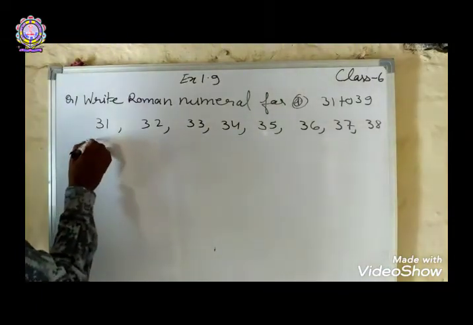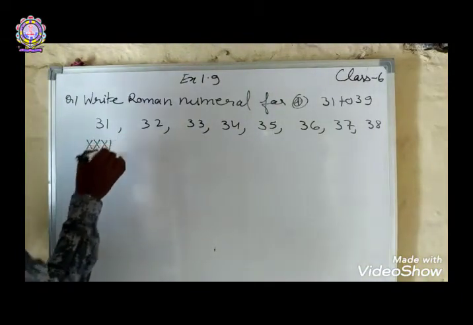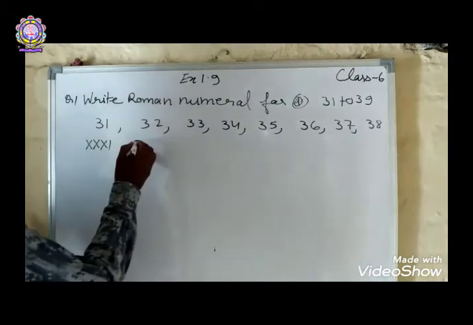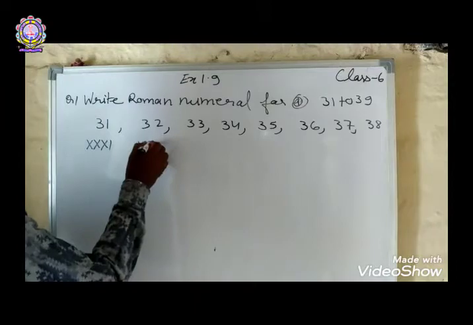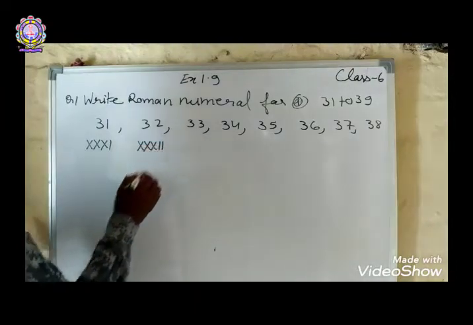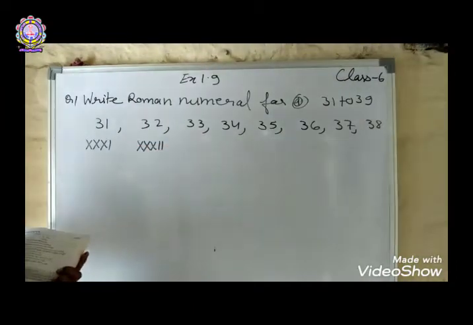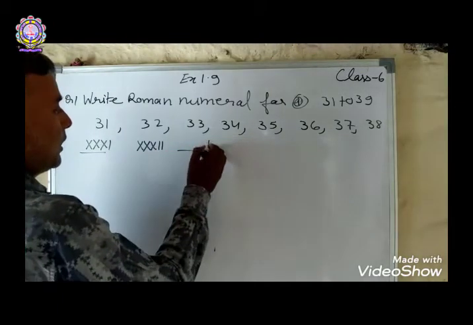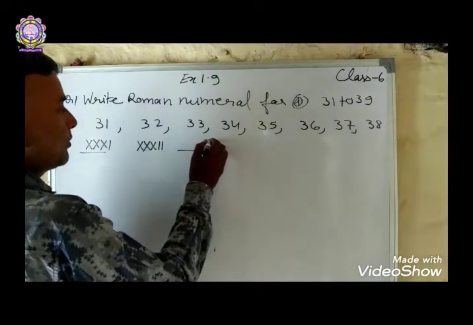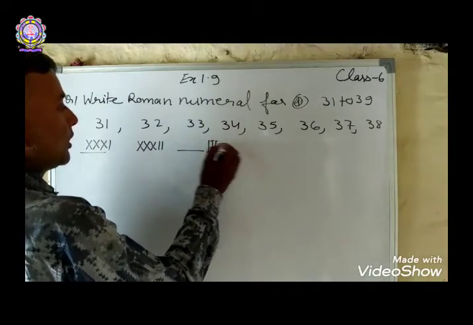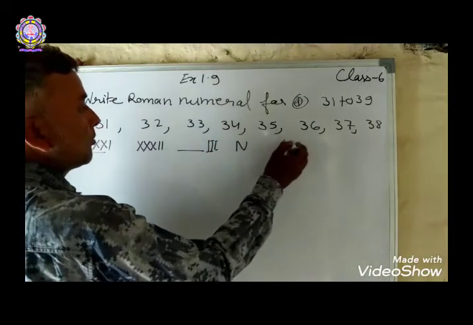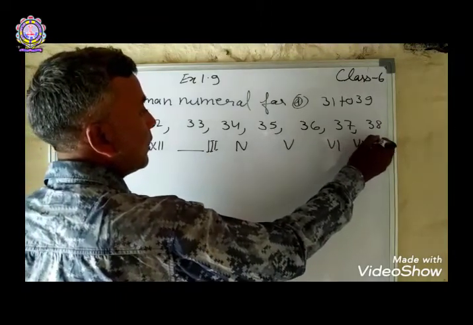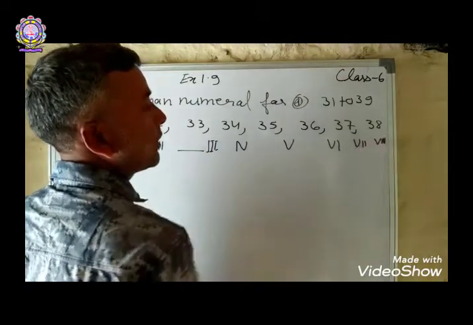30 is XXX, and 1. That is 31. And XXX, double I. And you can write, so 30 is repeated the same, and write 3, 4, 5, 6, 7, and 8 here.